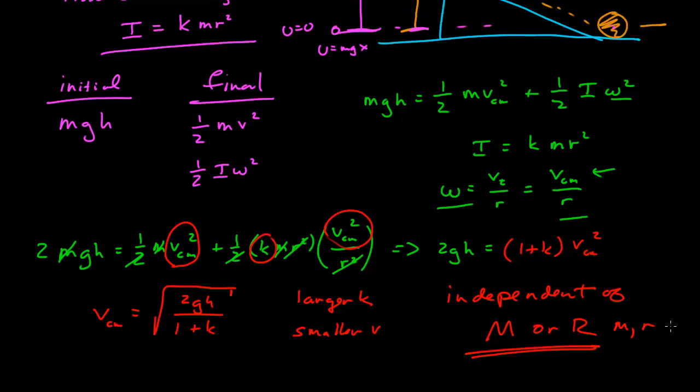A small solid cylinder is going to beat a large hollow cylinder, or a large solid cylinder is going to beat a small hollow cylinder. It doesn't matter on the mass or the radius, only the distribution of matter matters. How it is distributed about the center of mass, this coefficient k.